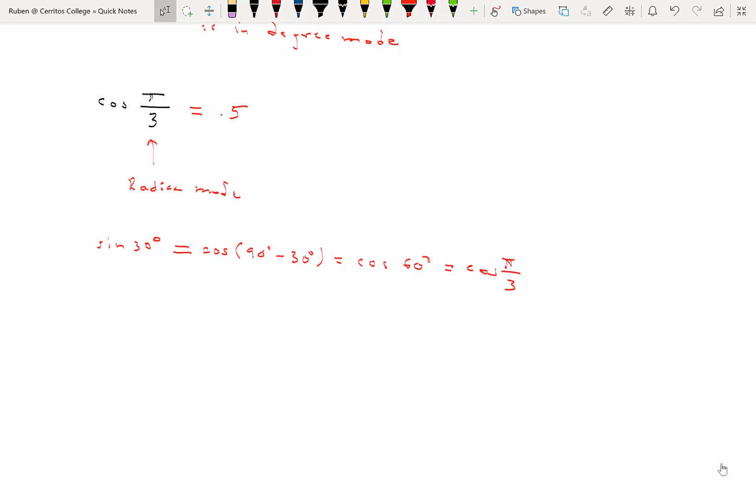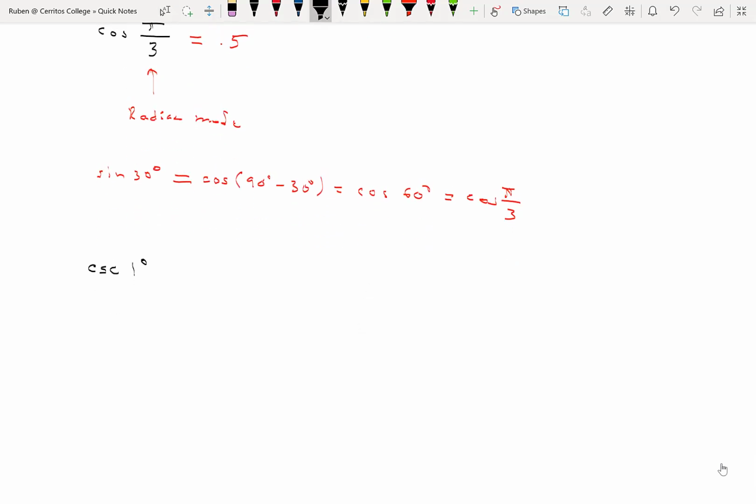Okay. So suppose I wanted something that's not on the chart. Suppose I wanted something like the cosecant of 1 degree. Now on your calculator, you have access to only 3 of the 6 trig functions. On the calculator, you have 3 trig functions only.